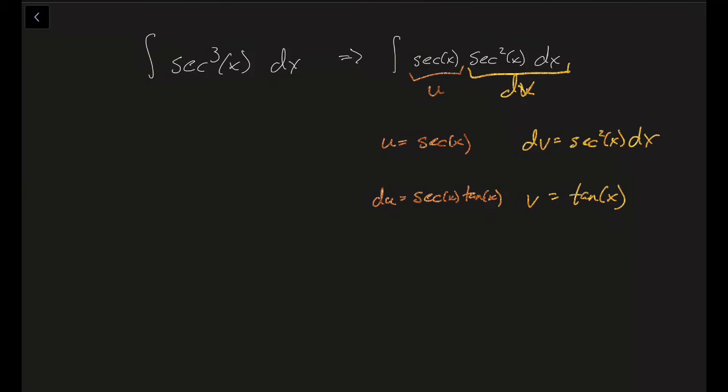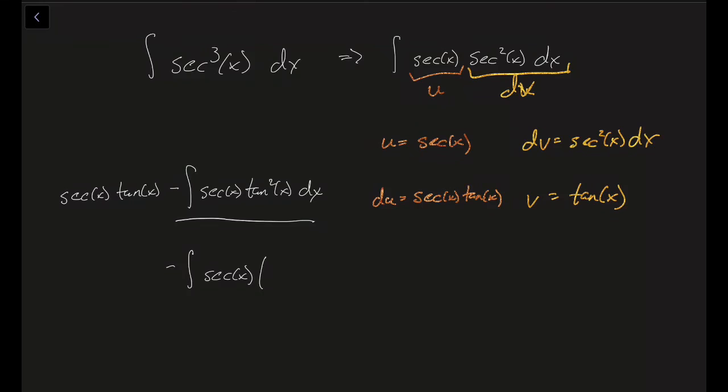Now we just plug it into our formula. So we have uv, so secant x tangent of x minus the integral of v du. So that's secant of x tangent squared of x dx. Now, we can break this guy up, and turn this into secant of x, and let's change tangent squared of x to secant squared minus 1.